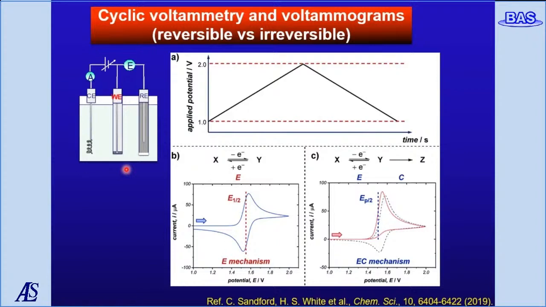By using the three electrode system, as shown here, the experiment records the current flowing through the working electrode when a triangular-shaped potential is applied to the working electrode, and a plot of current versus potential is constructed, which is known as the voltammogram. The obtained current response provides us a lot of information about the stability of redox species.